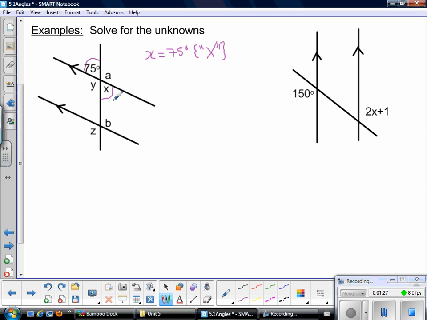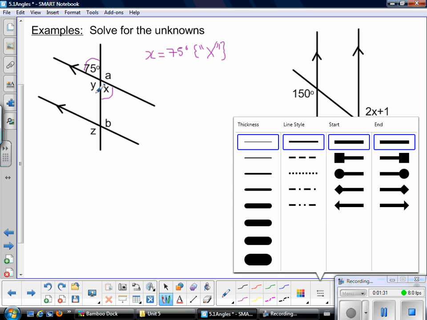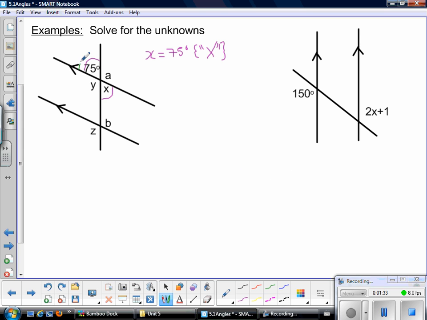The reason being is if I look at this, I know that that is a straight line that's been cut. So I could get a by going 180, take away 75. Okay, now there's more than one way to do these as well. And what I end up when I do that is 105.